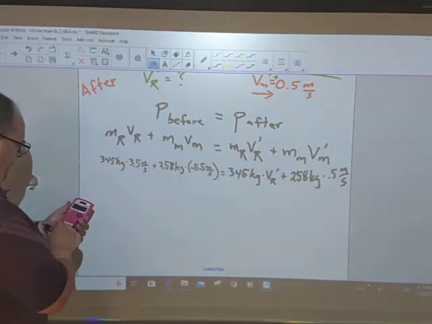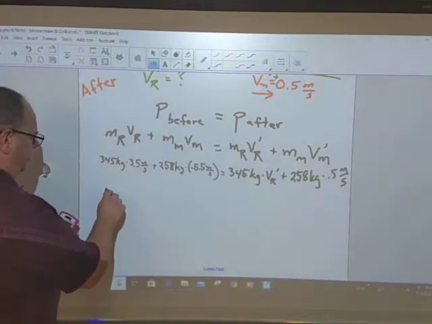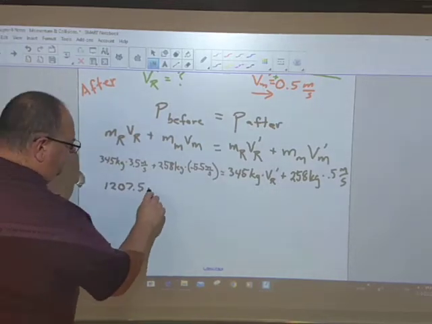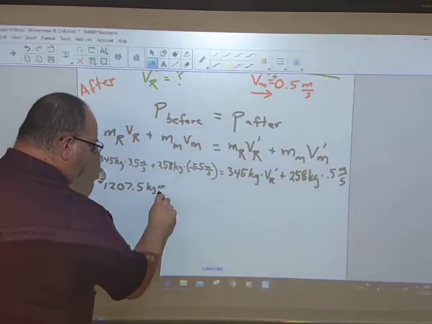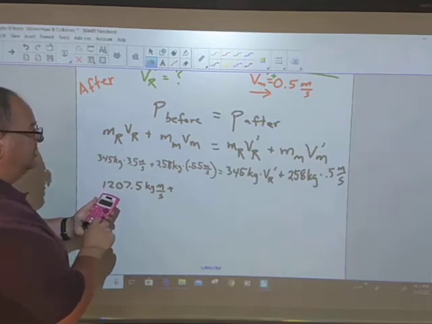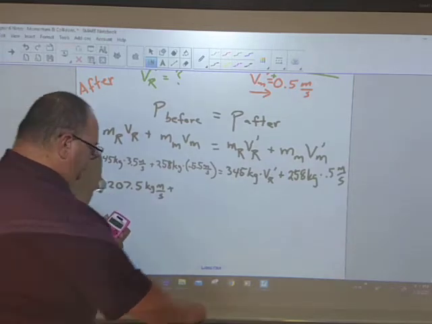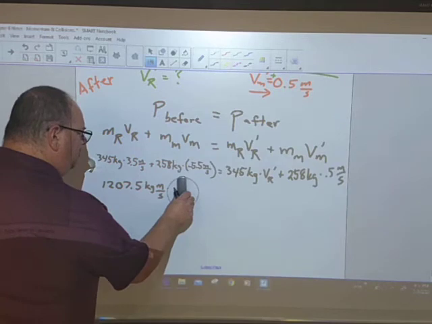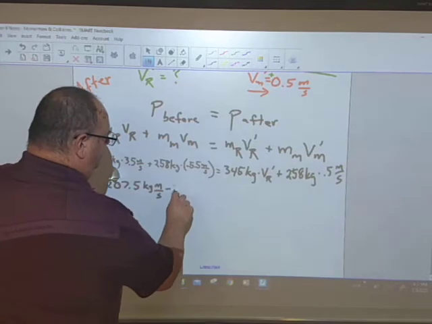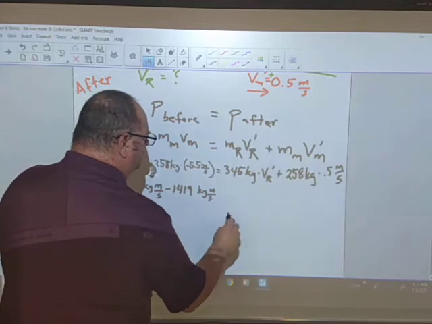So I've got 345 times 3.5. I'll keep extra digits here. That's 1207.5 kilogram meters per second. Okay, plus 258 times negative 5.5 equals, so it's actually minus 1419 kilogram meters per second.